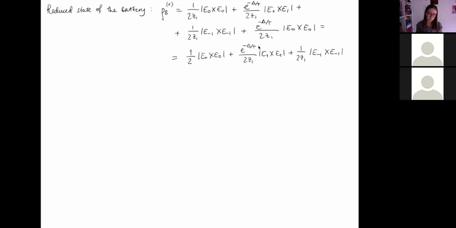So one can notice here that the probability of the battery going one step down will always be higher than the probability to stay at the state 0 or to go up. And this is exactly because we use the heat bath qubits, which are in the thermal state. Which means that for the battery to actually raise its energy, the heat bath qubit has to be in a state 1, so it has to be excited.